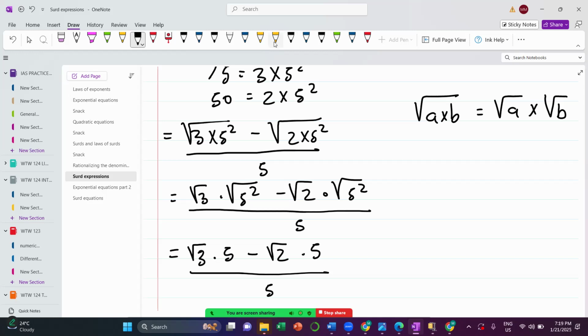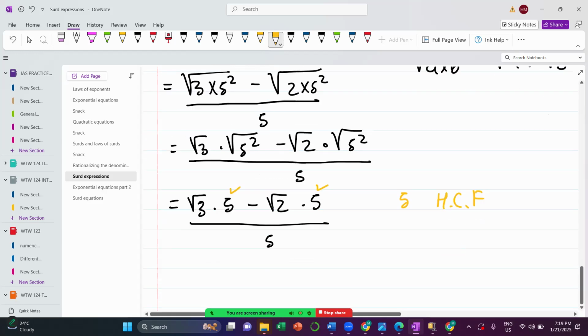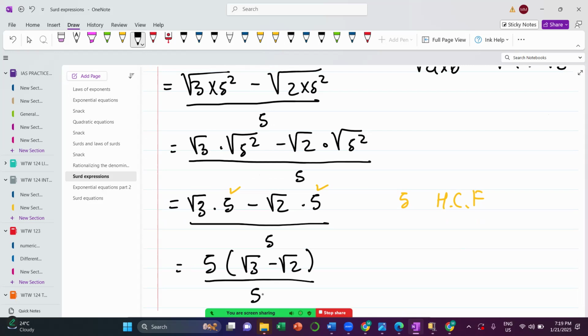And then check what I have on the numerator. I have 5 here and I have 5 there. So I can take out 5 as my highest common factor. So when doing that, I'm going to have 5 into root 3 minus root 2 all over 5, right?